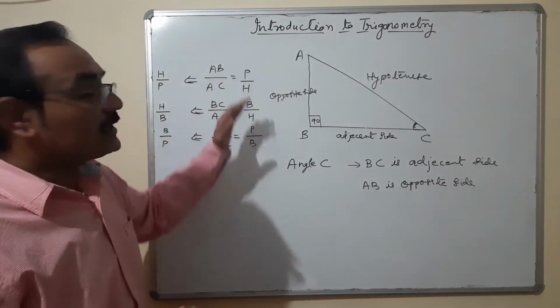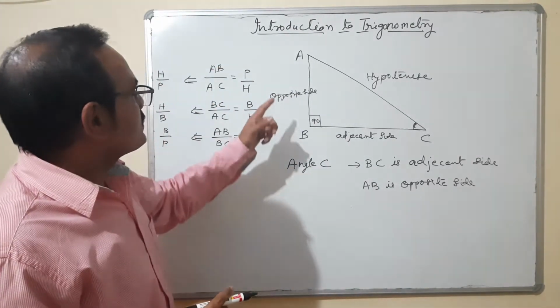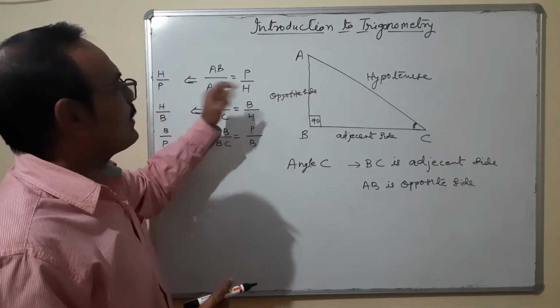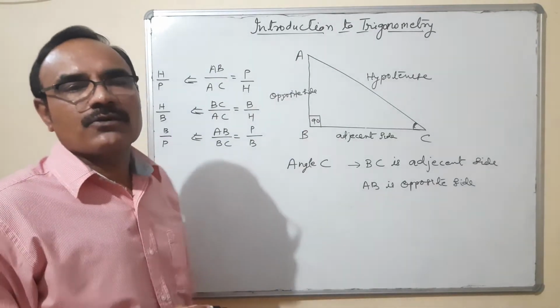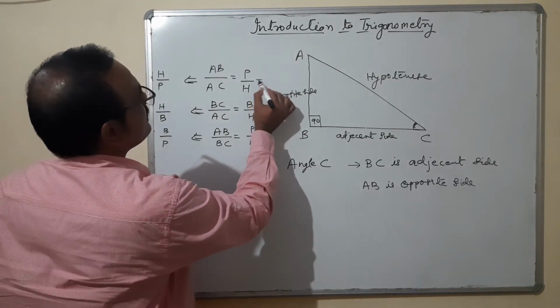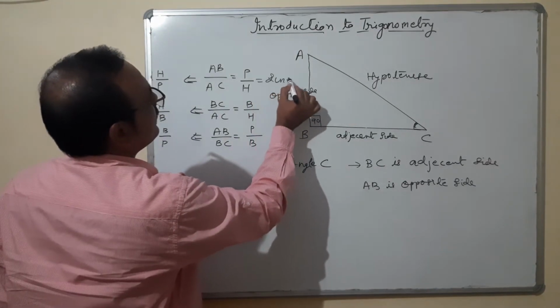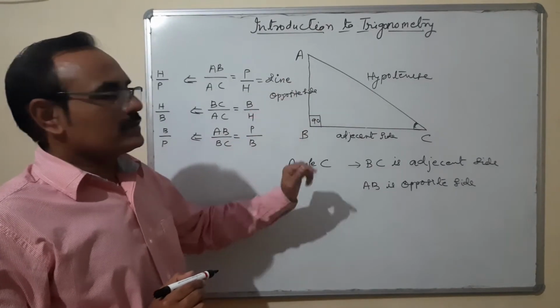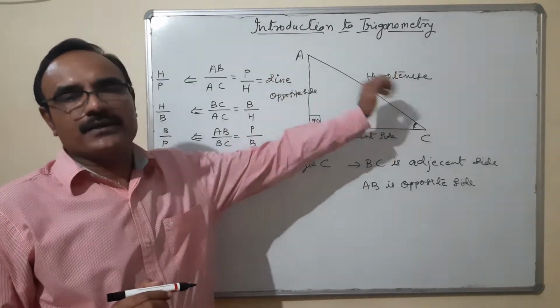These are called, first, opposite side upon hypotenuse. This ratio is called sine, S-I-N-E. Sine is opposite side upon hypotenuse.